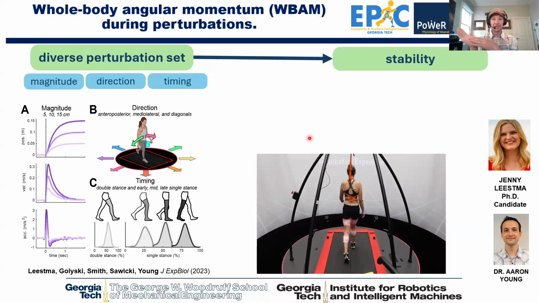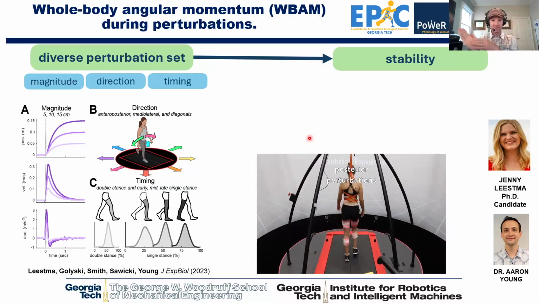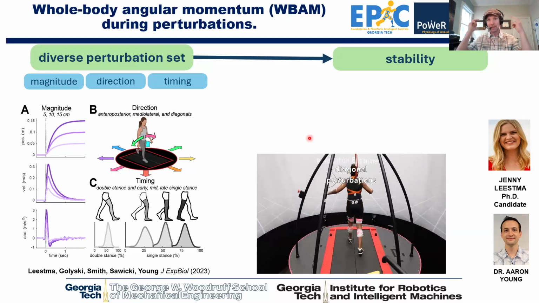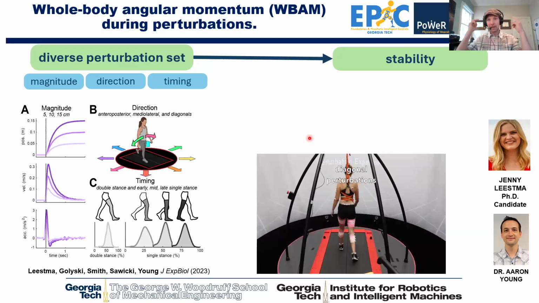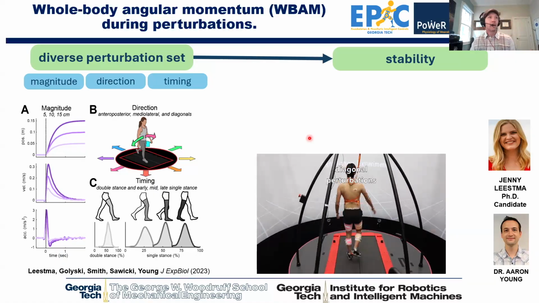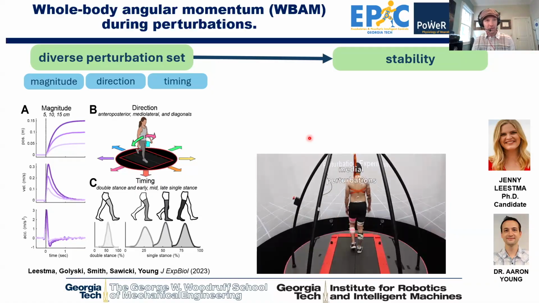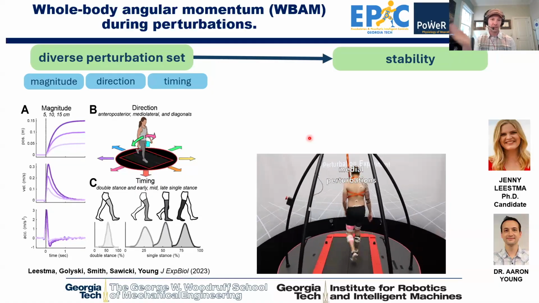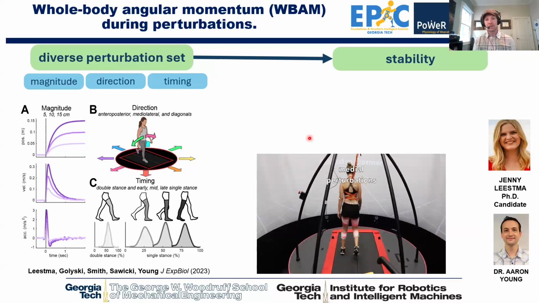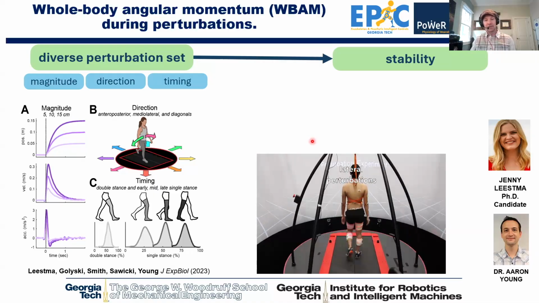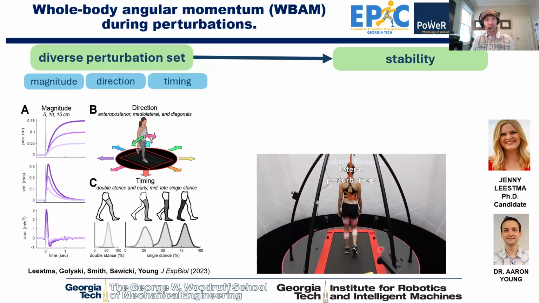And the idea is that if the swing in the angular momentum during a steady gait is large, that system is more unstable and might be more vulnerable to falls risk. And I think that's nice, but it would be good to know whether or not that same system that has angular momentum swing nominally also has trouble responding in terms of angular momentum regulation to large scale perturbations.